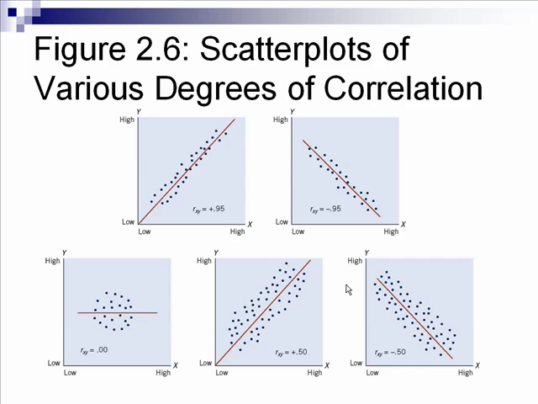On the bottom graphs, what you see on the very left-hand side is a correlation of 0, and you can see that all of the data points are just thrown about as in a circle, meaning that there is just no relationship, meaning that if you know the values of one variable, you know nothing about the other. There's no relationship there.